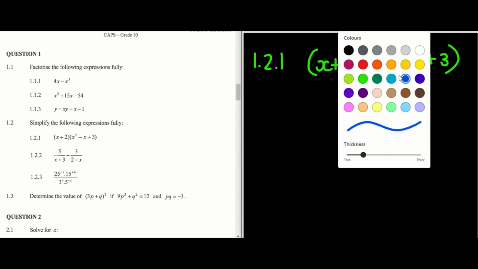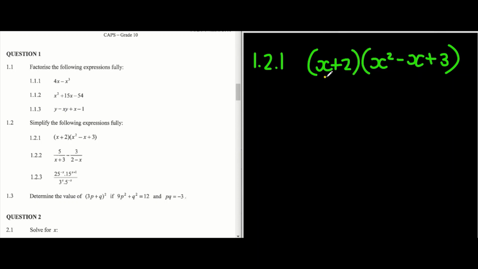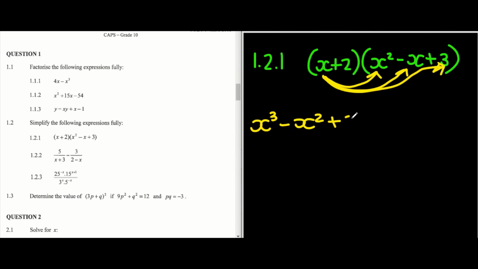Let's get a different color so we can see what we're doing. Using yellow, we say this x times x squared, and we write that down. So x times x squared gives us x to the 3. We go x times minus x, so we change this to negative x squared. And then we've got x times 3, which gives us 3x.